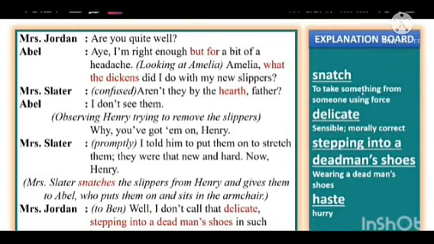Wearing other people's slippers is not morally correct, and not a sensible thing to do.